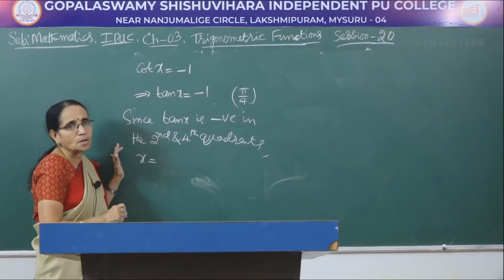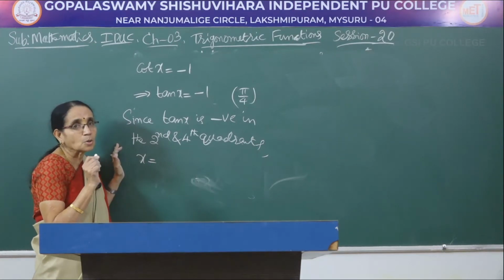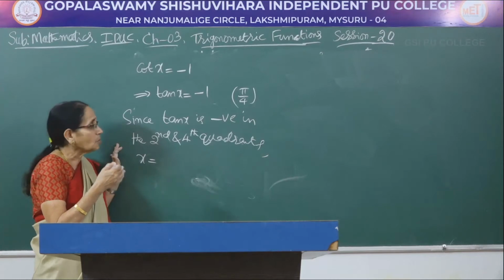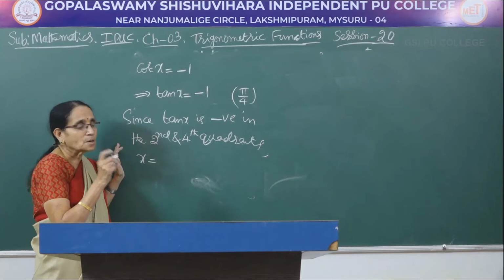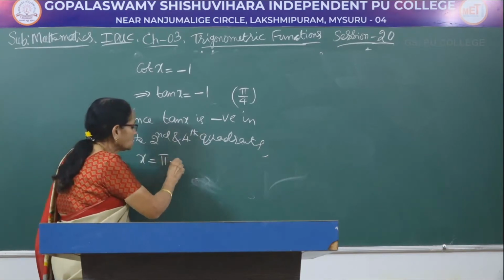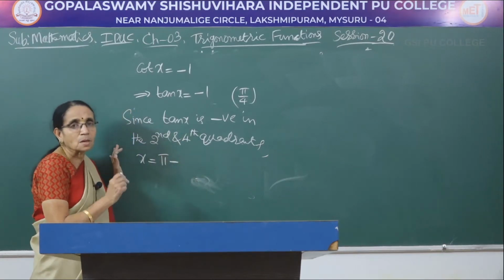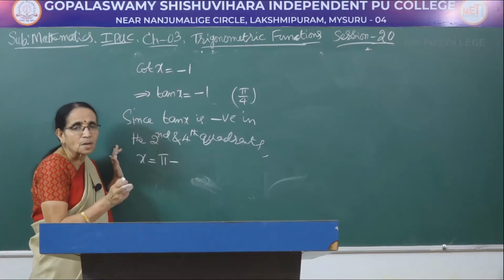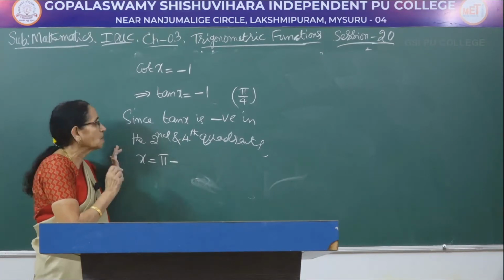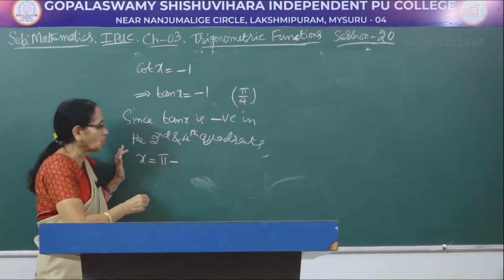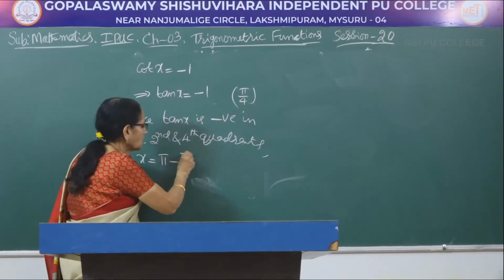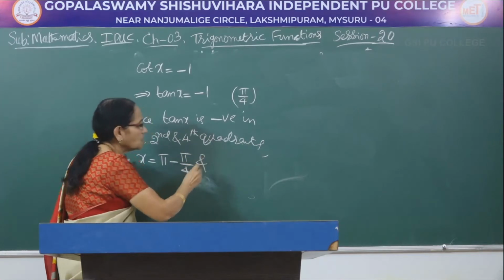In the second quadrant, how you should write, what I have told in the earlier problems and the earlier session, you have to use pi here. Second quadrant means it is pi minus. Third quadrant means pi plus. Second means pi minus. Now, what is the corresponding standard value? It is pi by 4. So, second quadrant means it is pi minus pi by 4.